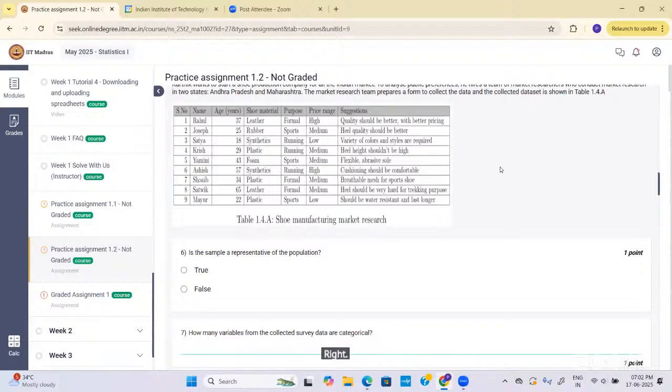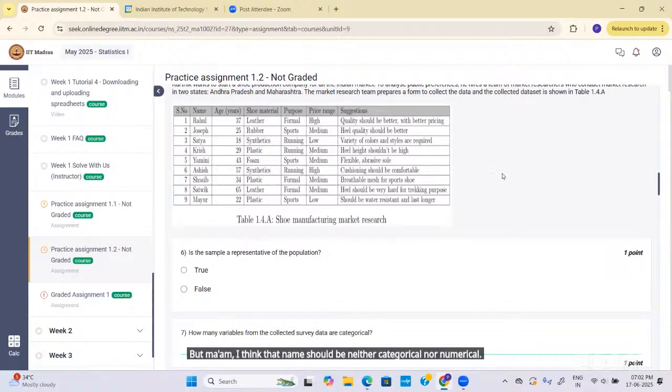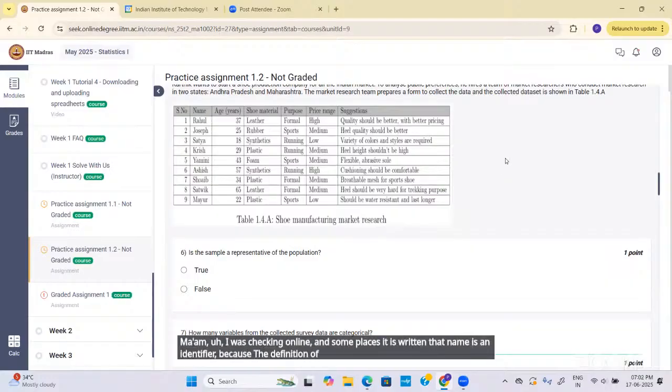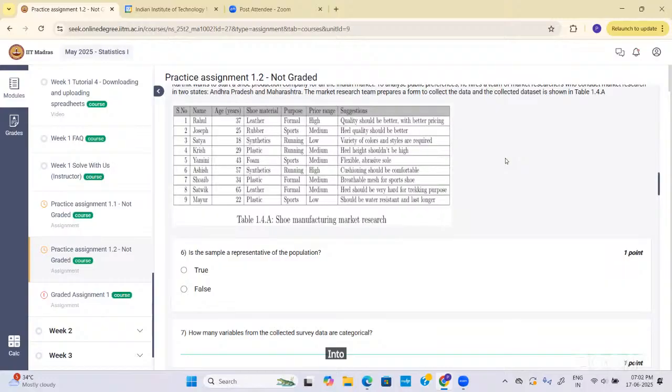But ma'am, I think that name should be neither categorical nor numerical. Then what will be the type of the data? Ma'am, I was checking online and in some places it is written that name is an identifier, because the definition of a categorical variable is a variable that helps us group the data into different parts. But I don't think that using the name we are able to group the data in any meaningful way.